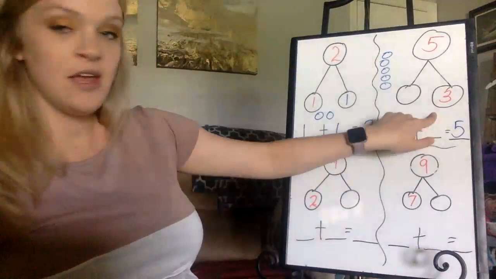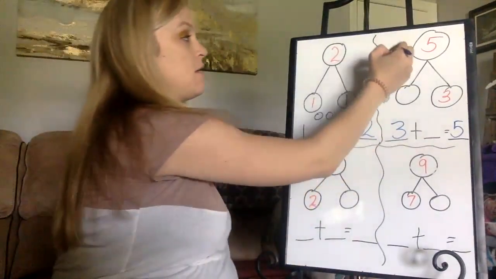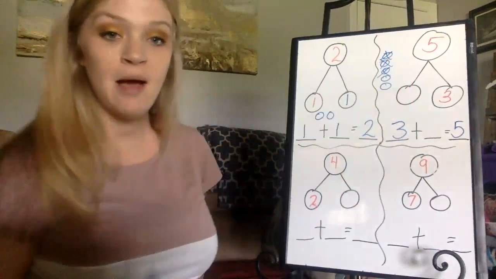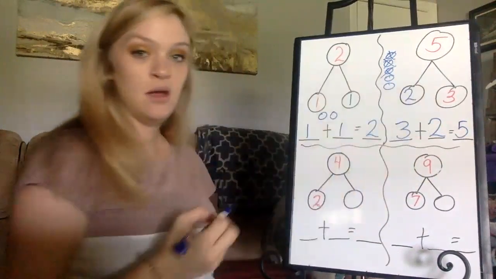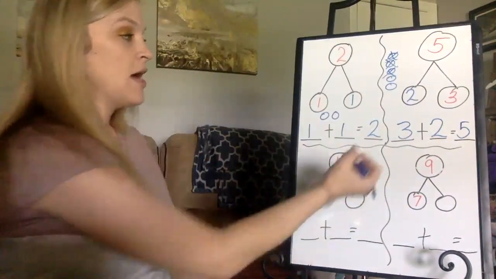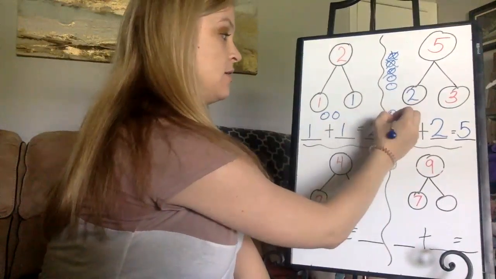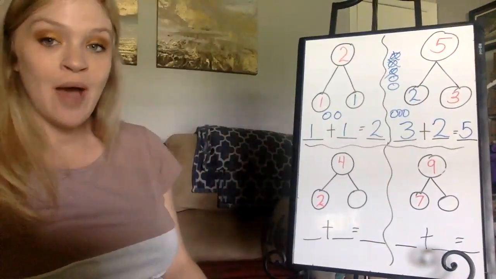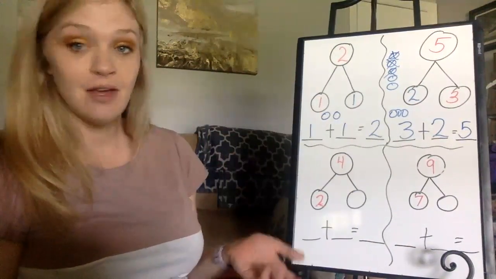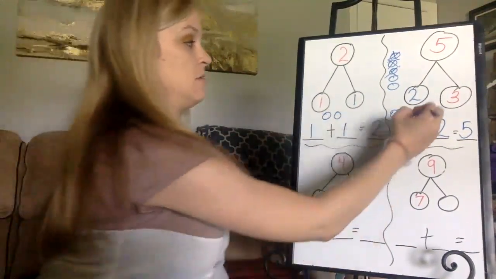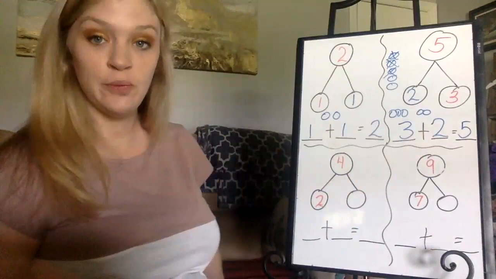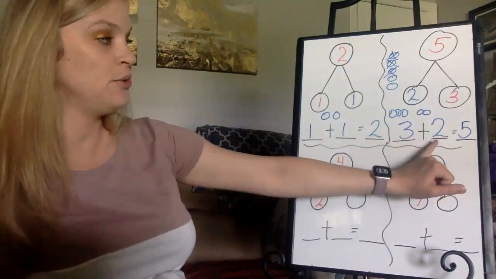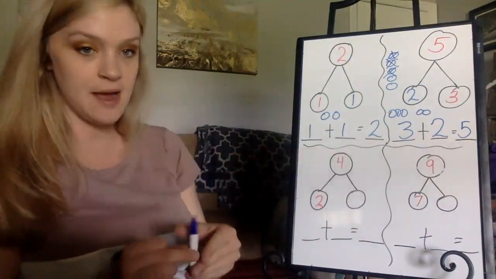I've already claimed 3 of them, so I can mark out 3. How many are left? 2. Or I could start by drawing 3 circles, and then draw more until I get to 5. How many more did I have to draw? Just 2. So 3 plus 2 equals 5.